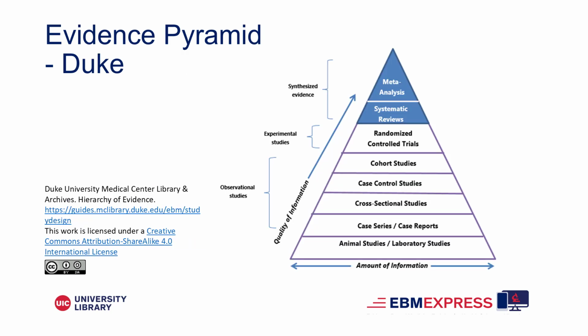In comparison, the Duke University Medical Center Library Evidence Pyramid has animal and laboratory studies at the base of the pyramid and meta-analysis at the top. The Duke Pyramid also notes the differences between observational studies, experimental studies, and synthesized evidence.